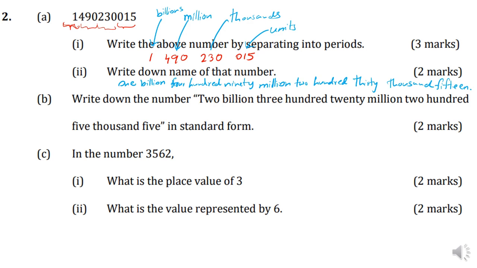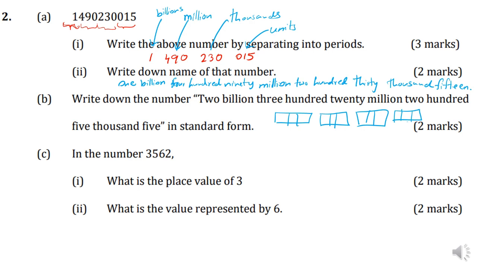Write down the number 2,320,205,005. In this one, you can take something like these 4 boxes. If you start from the right side, the first one is units. Each box has 3 digits.